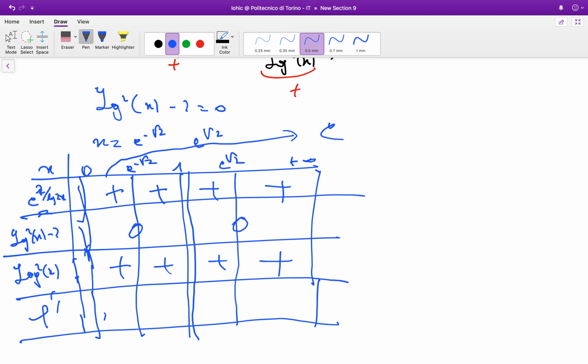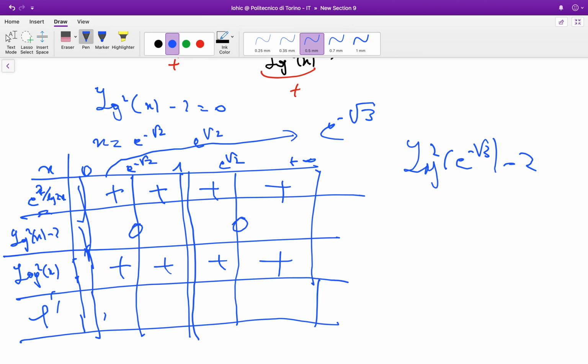If you take 1, you will not be able to test, but you can take something similar. For example, exponential of minus root 3. Exponential of minus root 3 will be for sure smaller than exponential of minus root 2, yes or not? So if you put it inside, it will give you log square of exponential of minus root 3, minus 2.